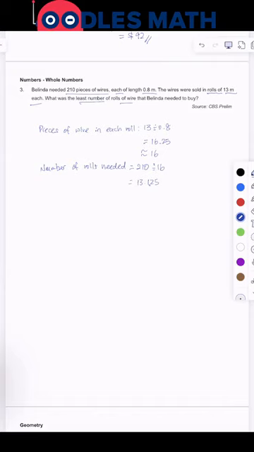The number of rows needed by Belinda means I need to take 13 rows plus one more row to cover that partial amount, and that tells me that Belinda needs to buy 14 rows. So this is how we should approach this question.